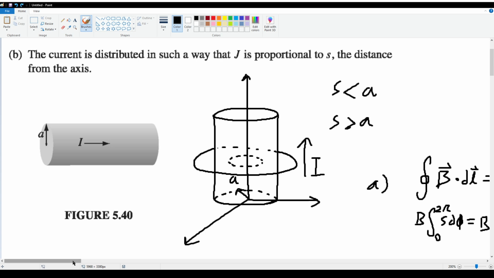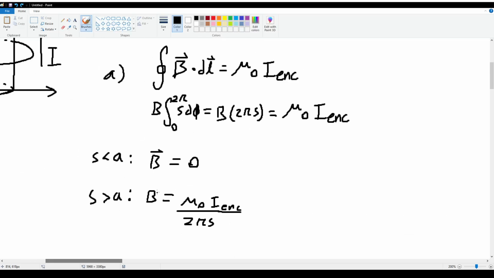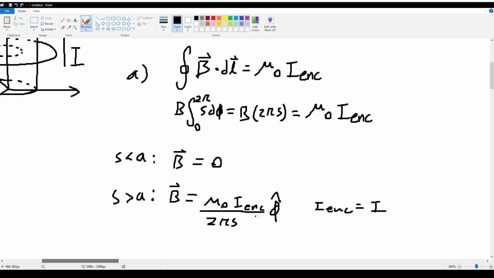So that means that if we want this to be a vector, then it points in the phi hat, where I enclosed for the outer loop is all of I, the whole current is what we're looking at here.